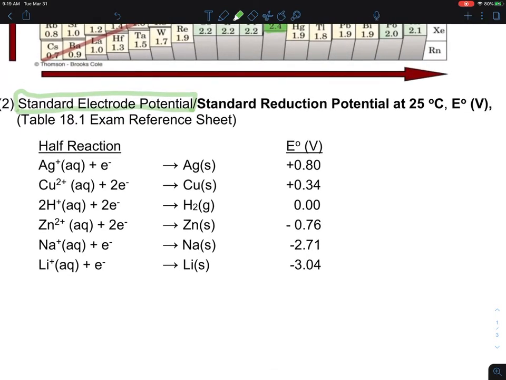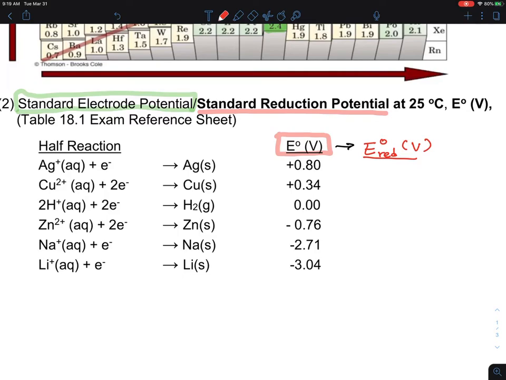One thing I want to emphasize is that I love to call this the standard reduction potential. If I were you, I would rewrite this number as E naught, with RED, so this is the reduction potential for that particular one.